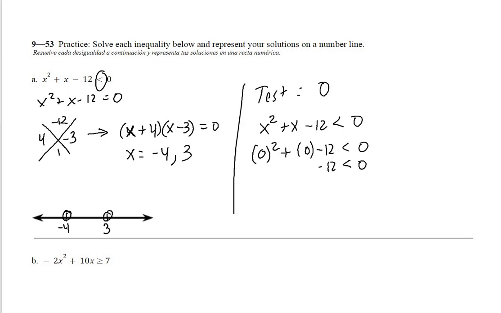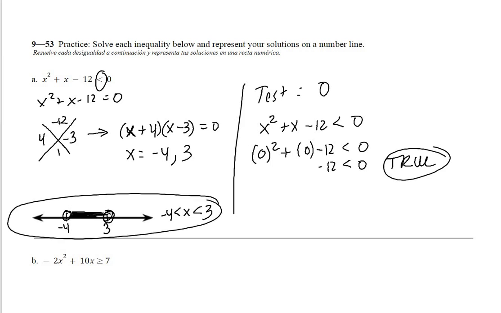Negative 12 less than 0 is true. So this is where the solutions are. So on the number line, it looks like this, and algebraically, you would write it as negative 4 is less than x is less than 3. That's our answer.